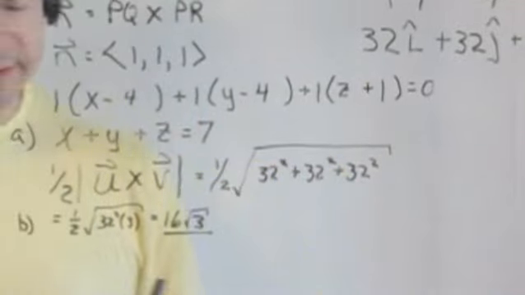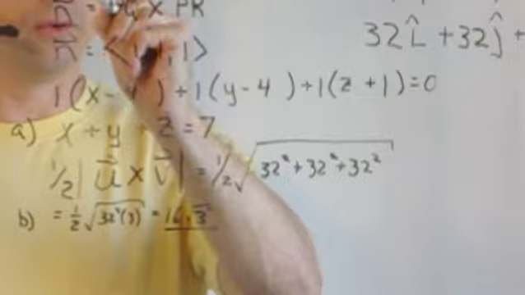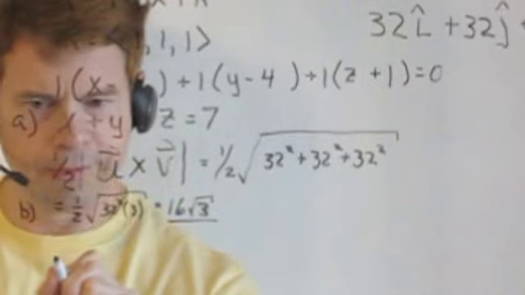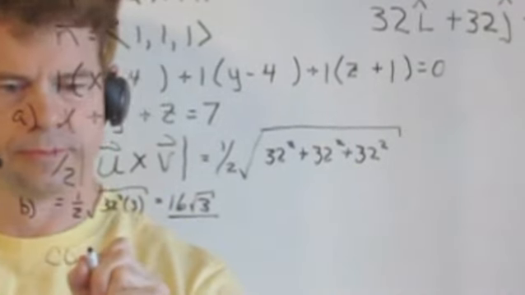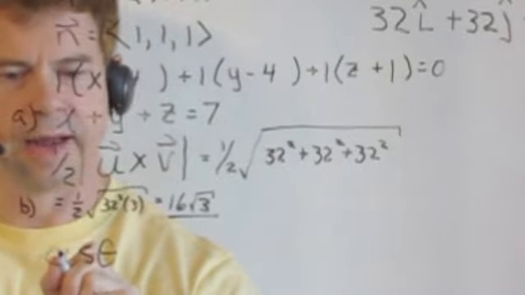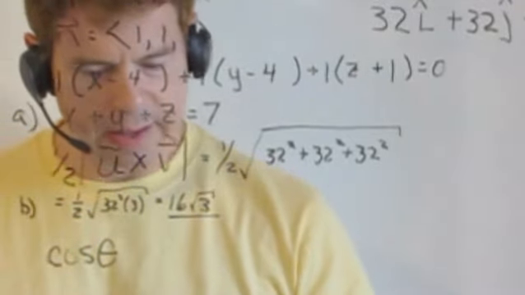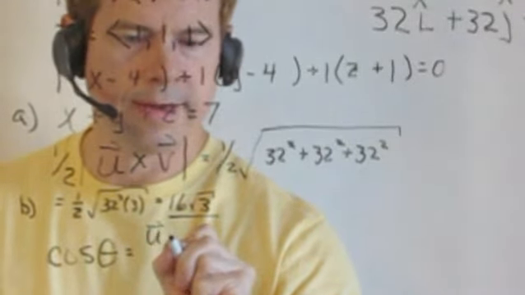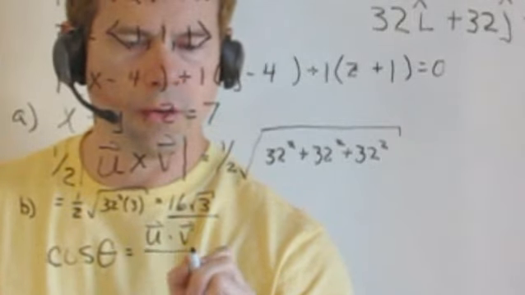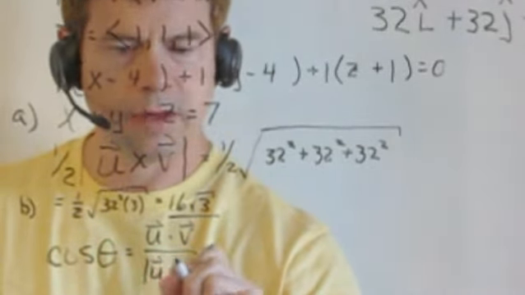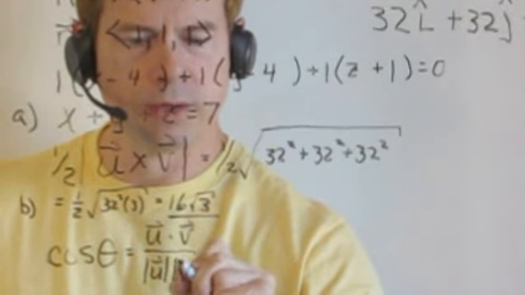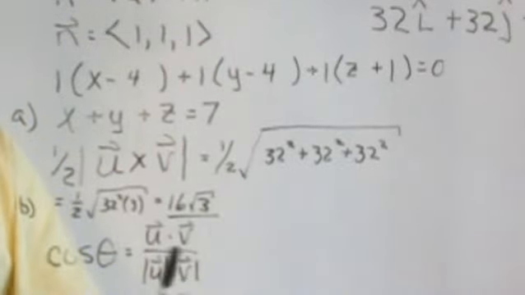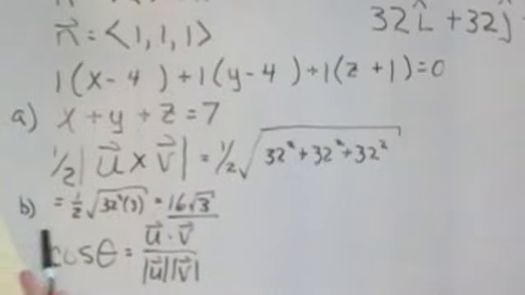And finally then C asks for the angle between PQ and PR. Using the definition of the dot product, we have the formula that cosine of theta equals the dot product U dot V over the magnitude of U times the magnitude of V. So we plug in the 2 points. The dot product is easier to figure, and then we need to do the magnitude.